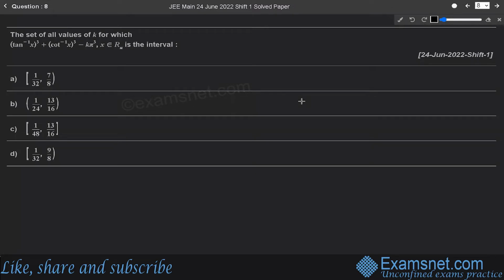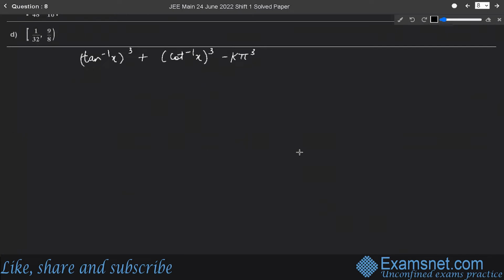Next question is: the set of all values of k for which tan inverse x cube plus cot inverse x cube is equal to k pi cube, where x belongs to R, is the interval. We have to find the interval for all the values of k here. The given expression can be written as tan inverse x cube plus cot inverse x cube is equal to k pi cube.